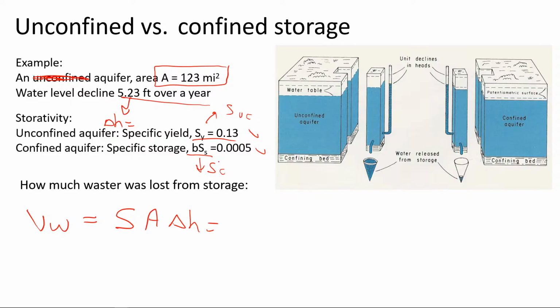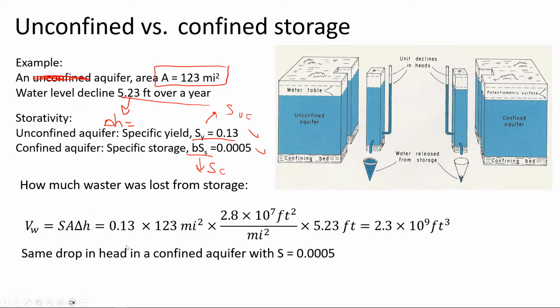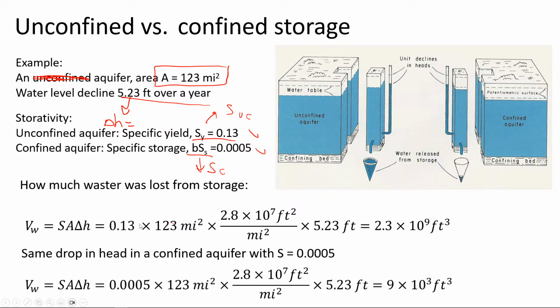So if you did this, you will get something that looks like this. And the same drop in the head in a confined aquifer, with this S, you get something that looks like this.